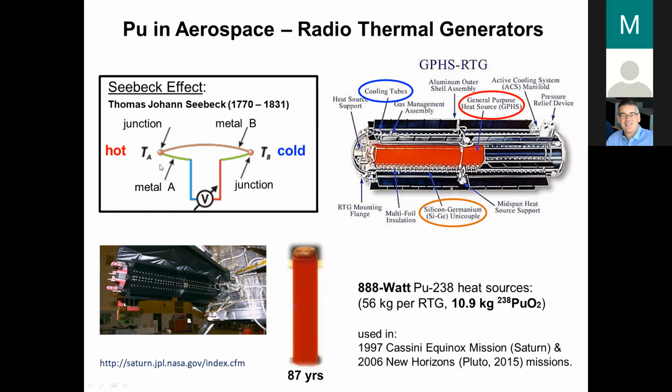And at each of these junctions, the electrons have a different potential to reside in one metal or the other, as you know it from any other, for example, PN junction semiconductors.